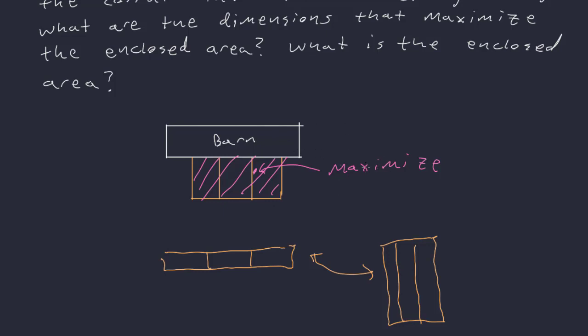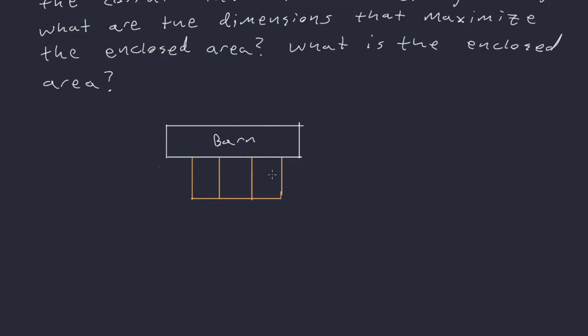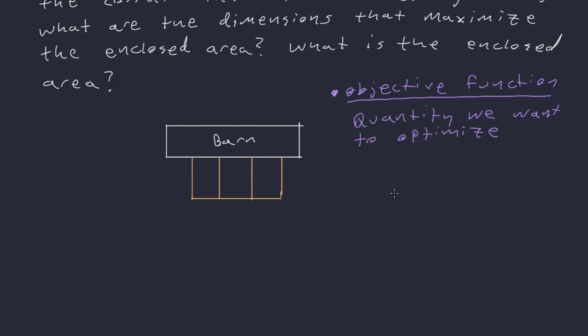All right, so let's talk about how we approach these problems. The first thing we want to do is find what's called the objective function. The objective function, it's in the name, it's the objective of our problem. It's the quantity we want to optimize.